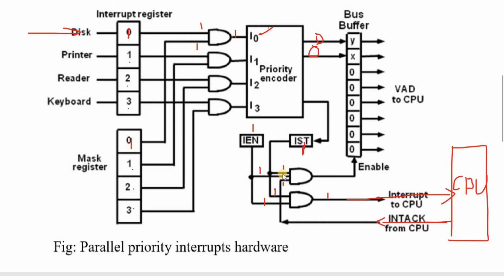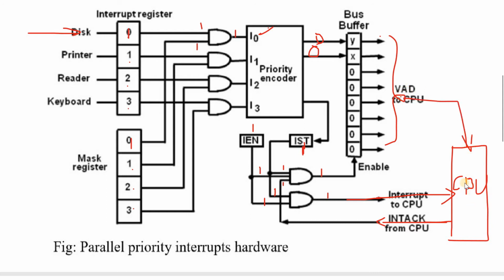With these three inputs, the AND gate output goes to logic 1. If it is logic 1, this enable is given to the trigger. If enable goes to logic high state, then this particular vector address will be generated. With the help of the interrupt signal XY status bits, this register will provide the complete vector address. If the vector address is generated and valid, the vector address is transferred to the CPU.